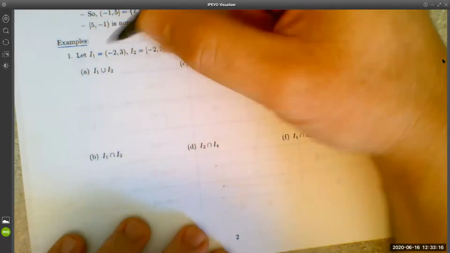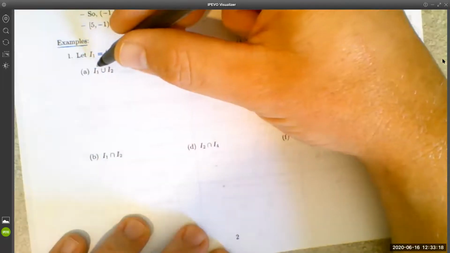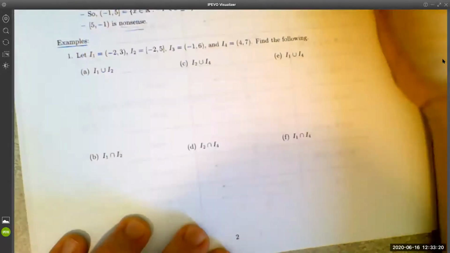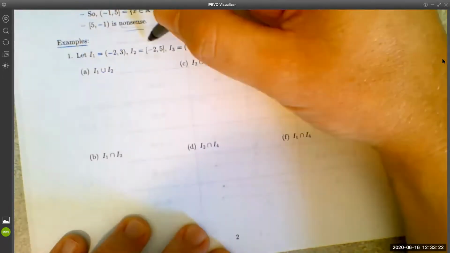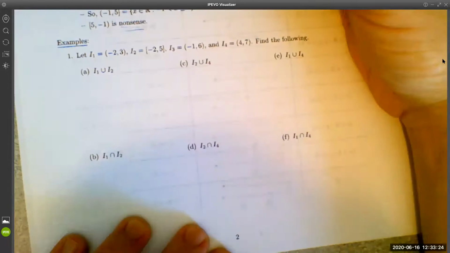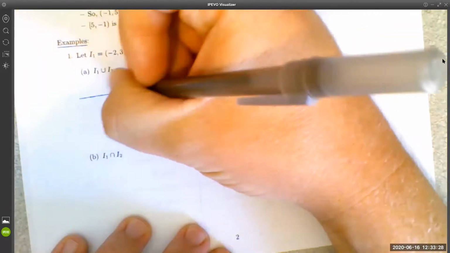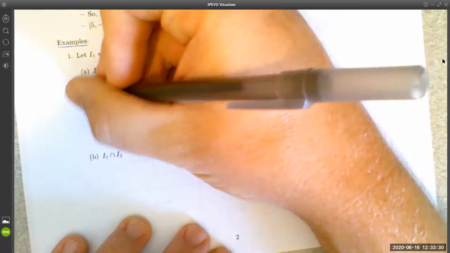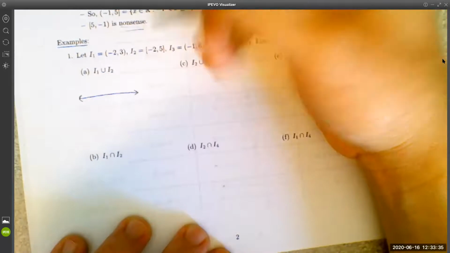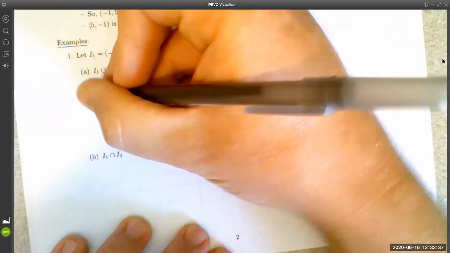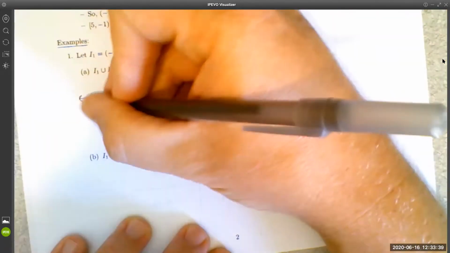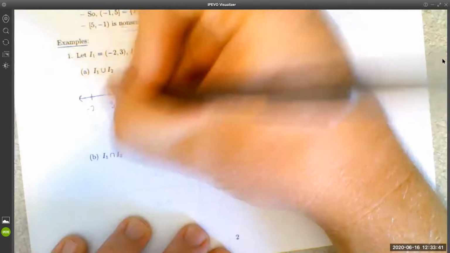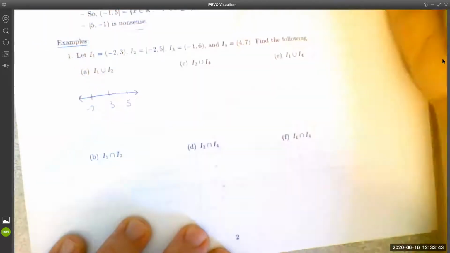If I want to look at I1 union I2, it's useful to draw a picture. So I'm going to draw a picture real quick. I1 goes from -2 to 3, I2 goes from -2 to 5. So I'm going to put -2, 3, and 5 on the map.